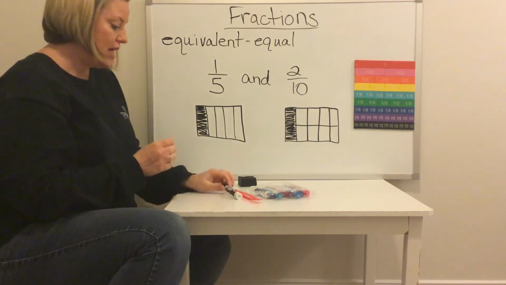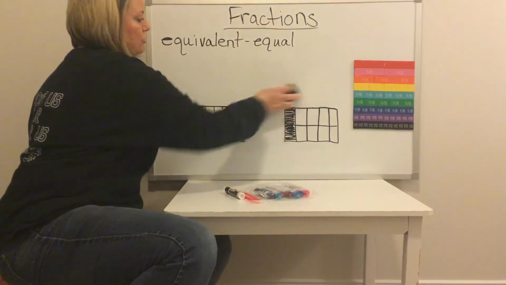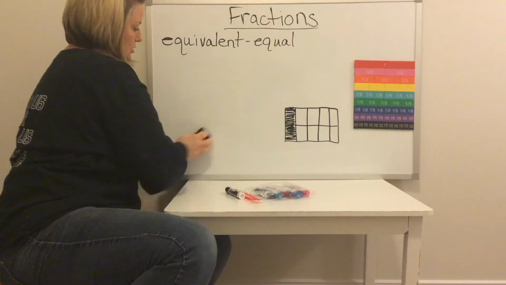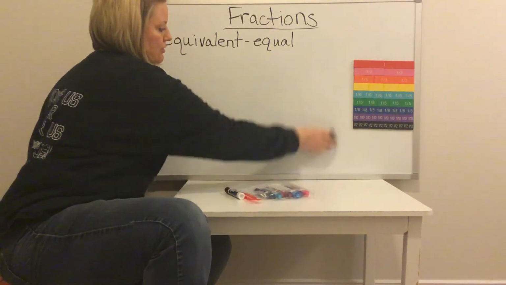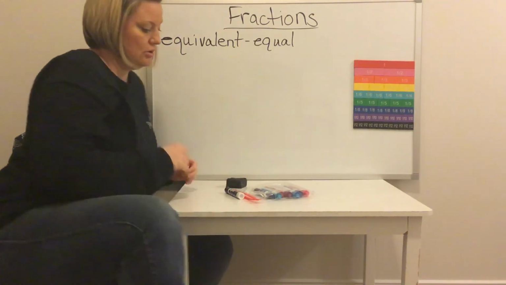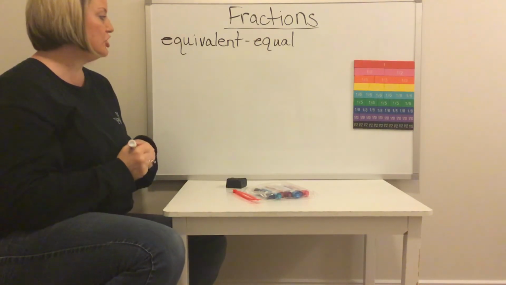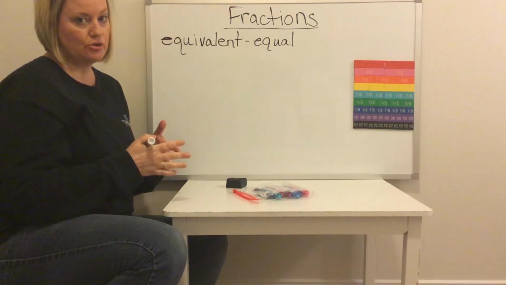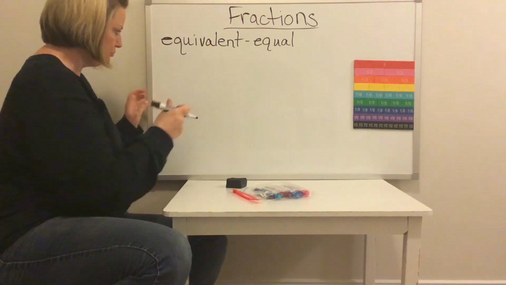Now, on your classwork, you're going to have to take two fractions and decide whether they are equivalent or not equivalent. They're going to give you a shape for each, and then you need to shade in a certain amount in order to figure out whether they're equivalent or not.